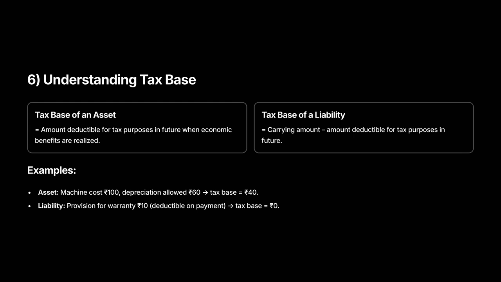For a liability, it's the carrying amount minus any amount deductible for tax purposes in future. Example: a warranty provision of 10, deductible only when actually paid. Its tax base is 0. The gap between these book values and tax bases is what drives deferred tax.